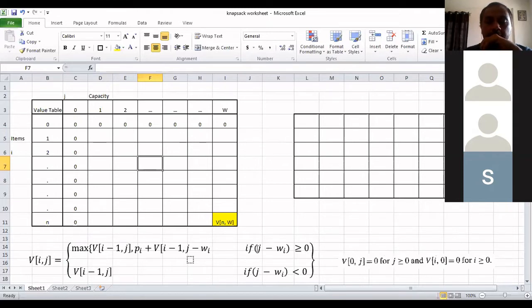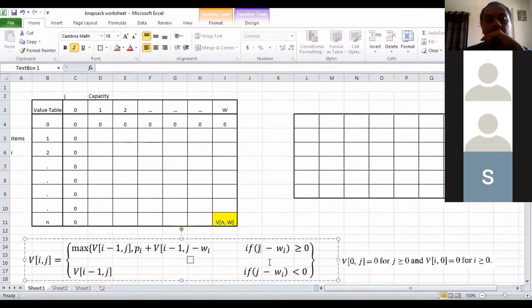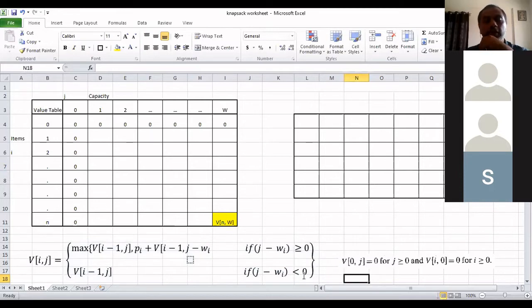That means the item can be accommodated within the capacity of J. If the item is not accommodated within the capacity of J, then the other part applies, where J minus Wi is less than 0. So we have two conditions: whether we can accommodate the item within the given capacity of J, or we cannot.